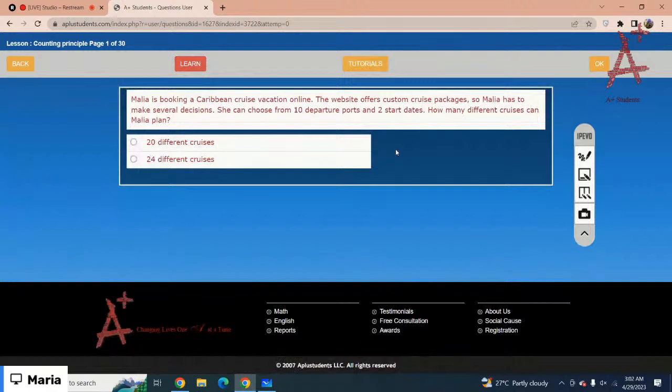Okay, Malia is booking a Caribbean cruise vacation online. The website offers custom cruise packages, so Malia has to make several decisions. She can choose from 10 departure ports and 2 different dates. How many different cruises can Malia plan?